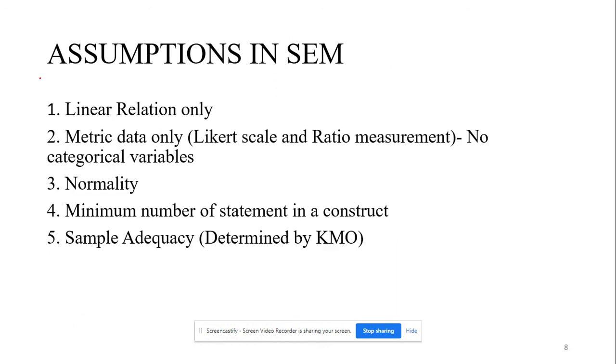So what are the assumptions in a structural equation model? Basically, when we do SEM, multiple variables are there. When you look at the relationships in terms of statistics, they are normally represented in matrix form, of course, but I'll not go into this.